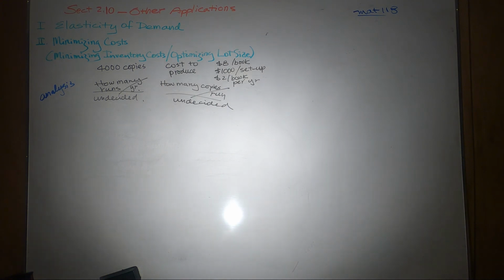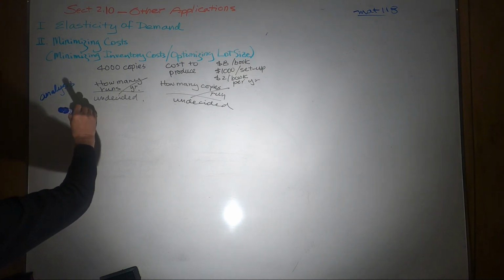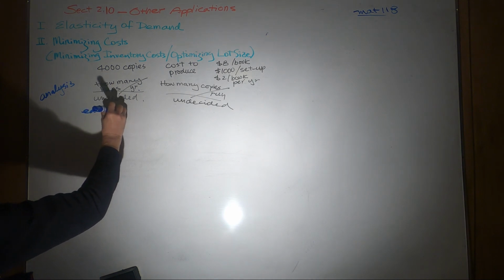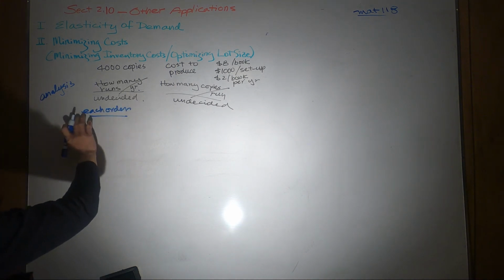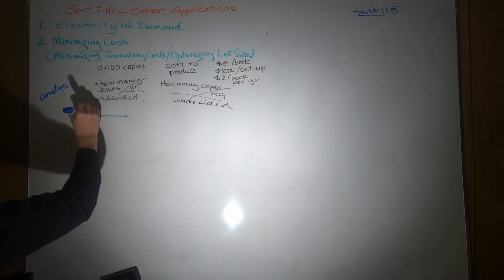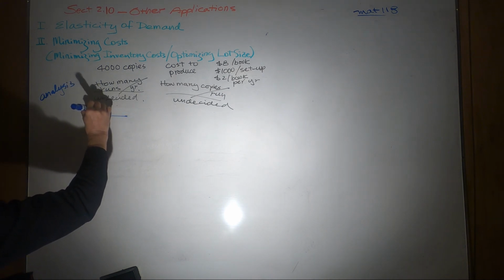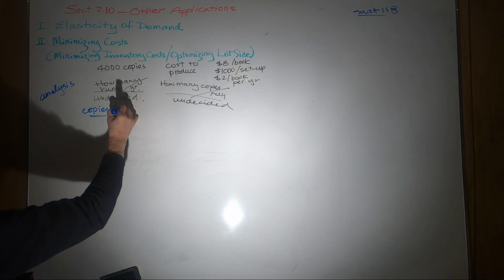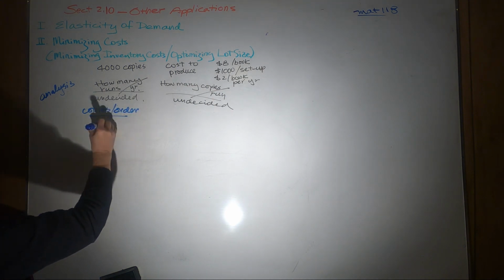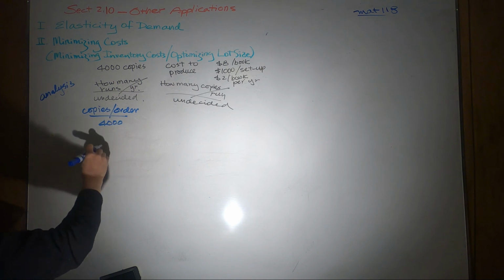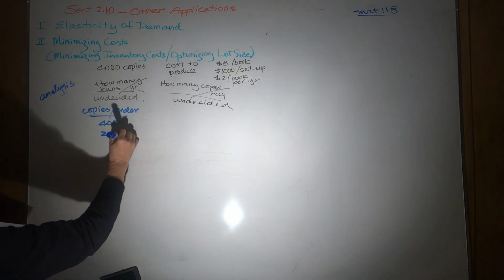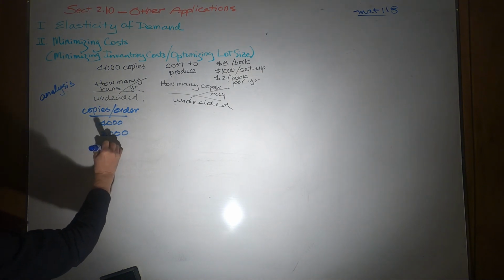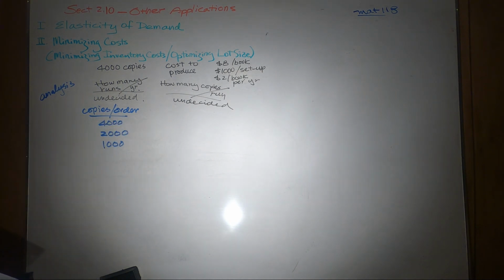Let's see, for each order, how many copies per order? You can make 4,000 copies, and you only need to do that once. Or 2,000 copies, or 1,000 copies, things like that.